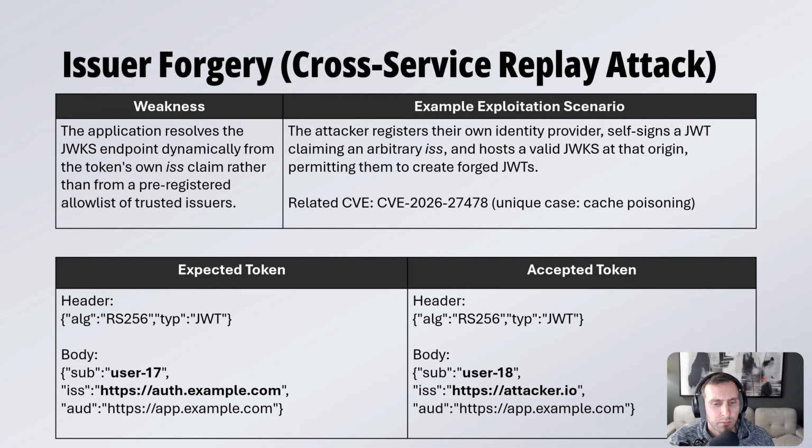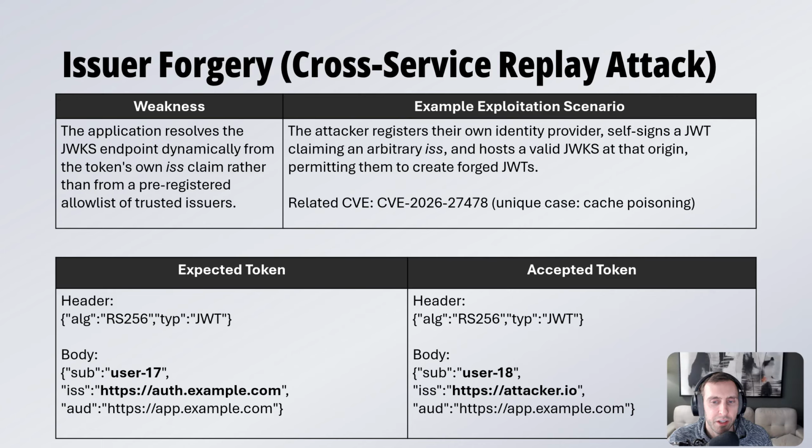And so in this case right here, actually, I think I've made a mistake in the, well, I guess this is good. This is correct, actually. So if you look at the examples, we have one token that is the expected token that comes from the issuer that should be specifically allow-listed by our target application.